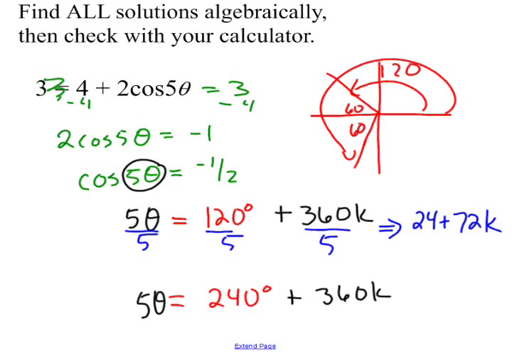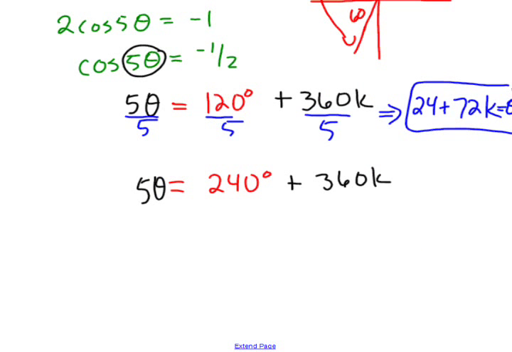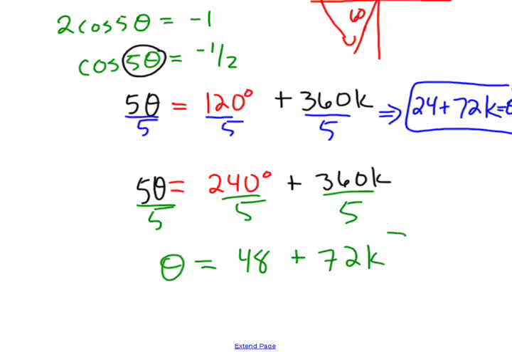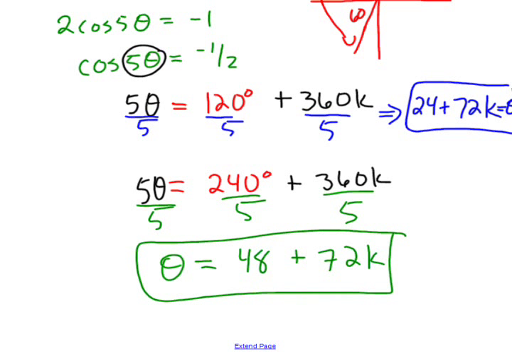So those are half of your solutions for theta. Your other half is just going to be take this equation down here and divide everything by 5, and theta equals 240 divided by 5, which is 48, plus 72k, and these are your other solutions.